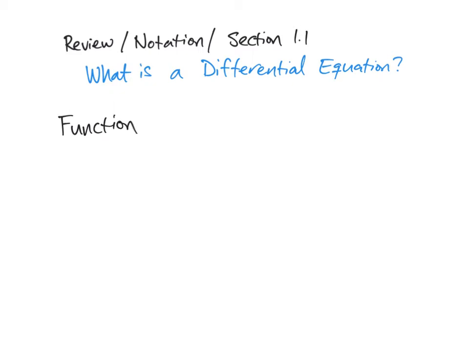So a function, and I pulled this definition from Wolfram Alpha, is a relation that uniquely associates members of one set with members of another set. That first set is usually called the domain.